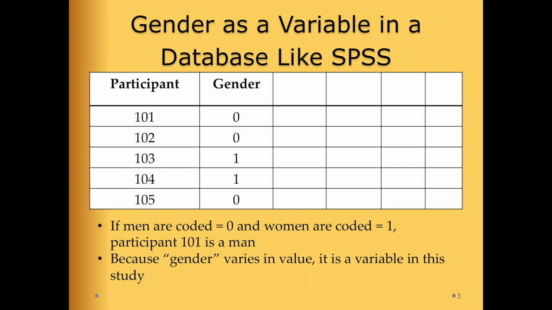Although it is possible to write words for the values of some variables in SPSS, most researchers will assign numbers to the values of a variable. In this data set, male participants were coded as 0 and female participants were coded as 1. Using that coding, we can see that the first two participants are men, and participants 103 and 104 are women, and participant 105 is a man.